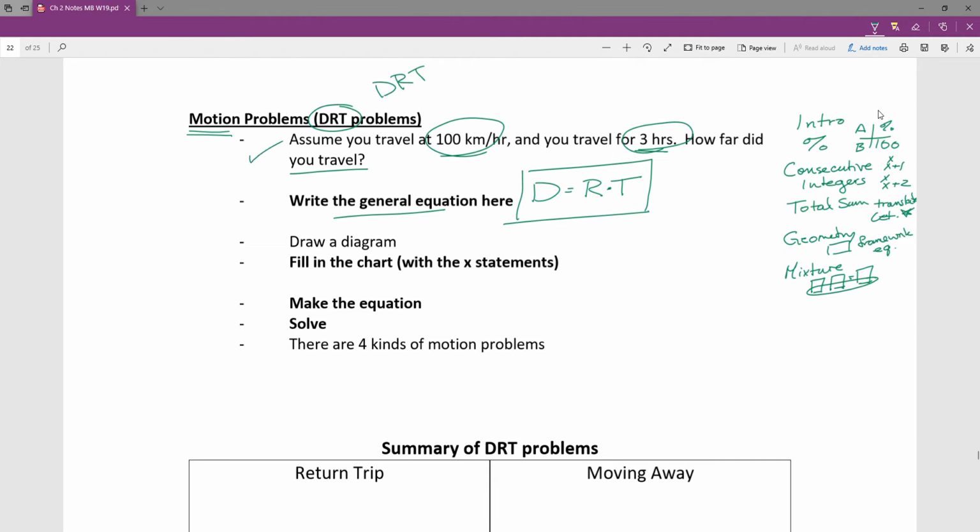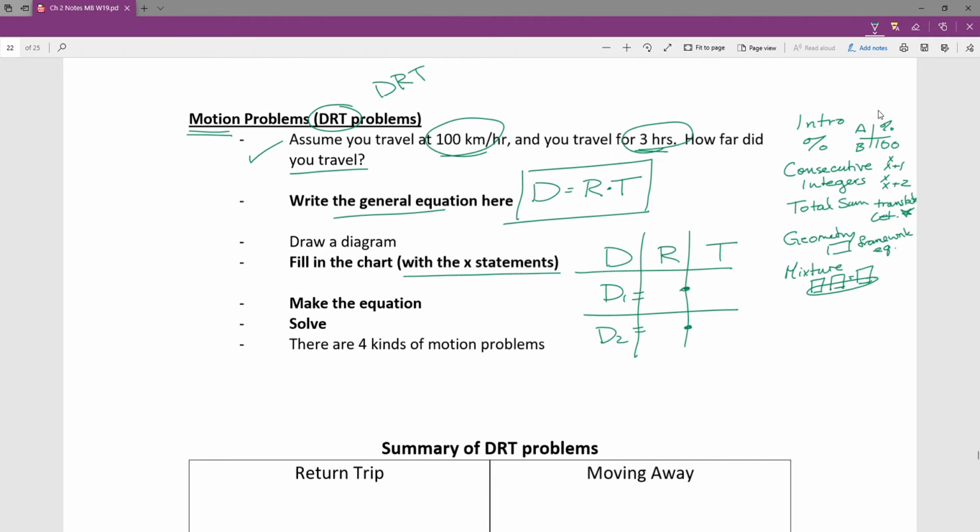In these ones, we're going to draw a little diagram that illustrates the motion. And I'm going to fill those out down below because there are 4 different kinds that we're going to do. We're going to fill in a chart with the let statements, because all of these are going to be in a DRT chart, where we have a distance 1 and a distance 2, and distance always equals rate times time. I'll say more about these charts as we move through the different kinds of problems, but this is the basics of the chart.